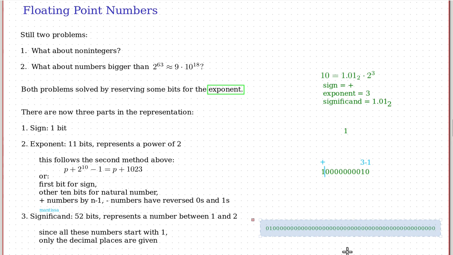So this string of zeros and ones represents the number 1.01000000. That's how the significand works. It's 52 bits that represent only the decimal part of the significand. Okay, let's look at some examples, because this, as you can imagine, gets rather confusing.